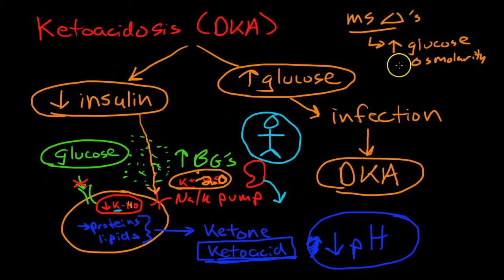This causes electrolyte shifts in our central nervous system and causes mental status changes. Also, oftentimes you'll see people with abdominal pain, and this we believe is caused by the decreased pH, and it causes sort of a partial ileus. Okay.